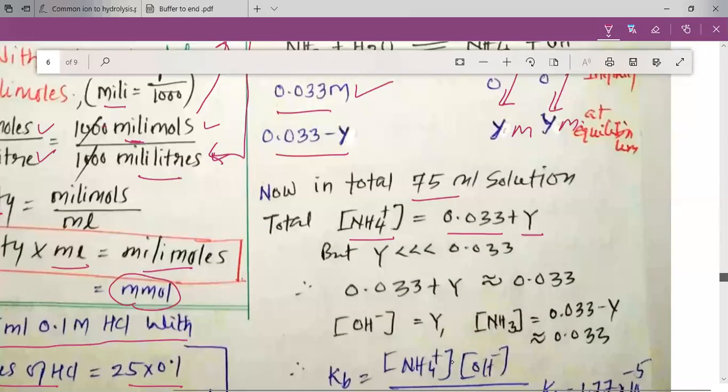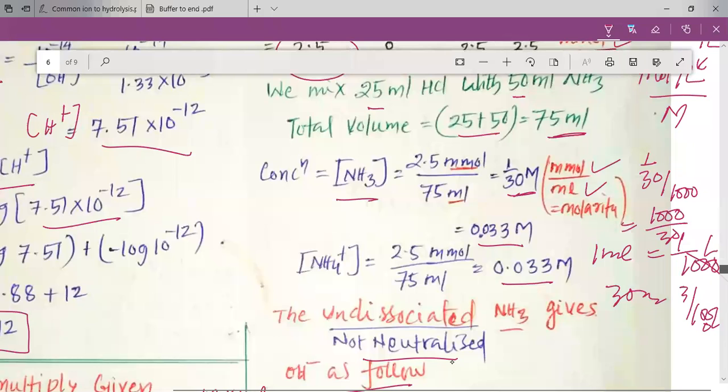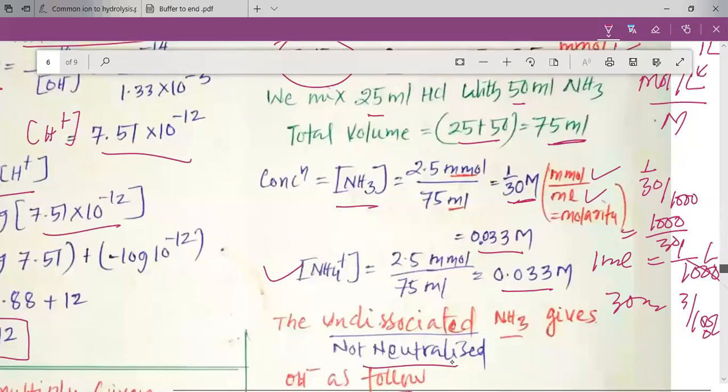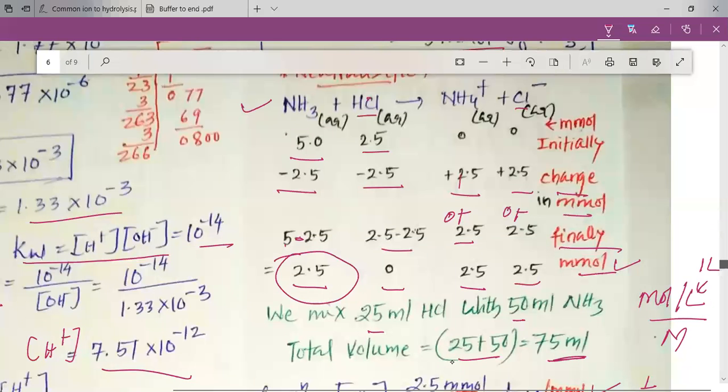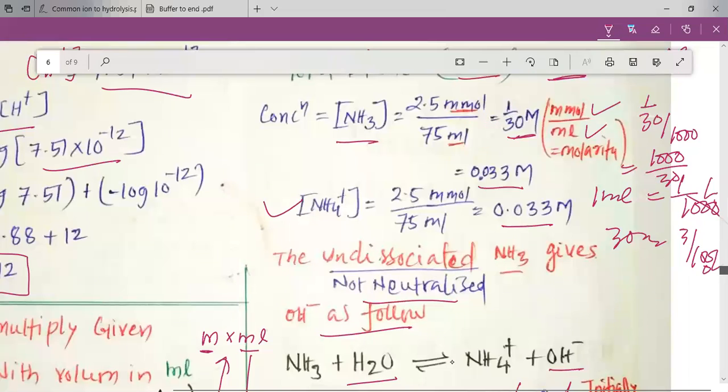Now it is also interesting to understand, my dear students, that we already have a concentration of NH4 plus which is produced by the neutralization. Due to neutralization, the concentration of NH4 plus that we have obtained is 0.033.